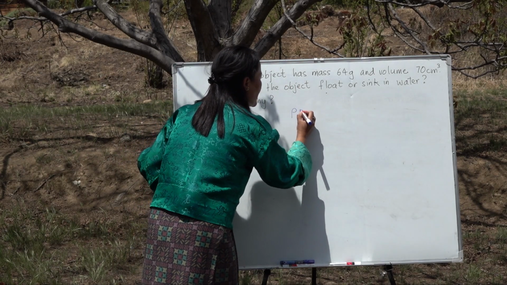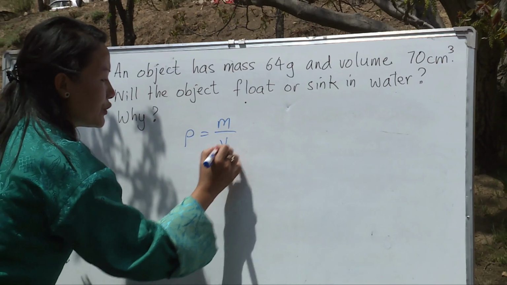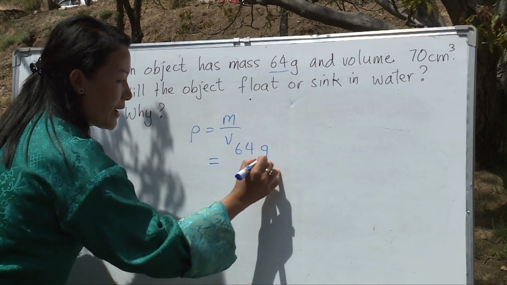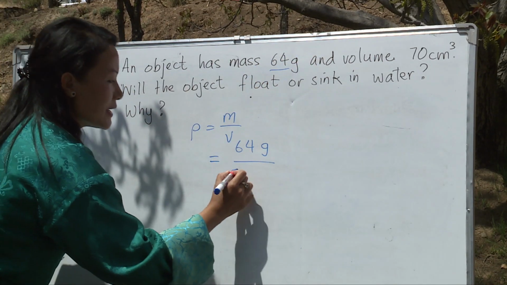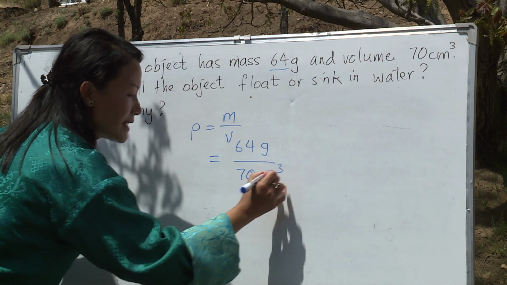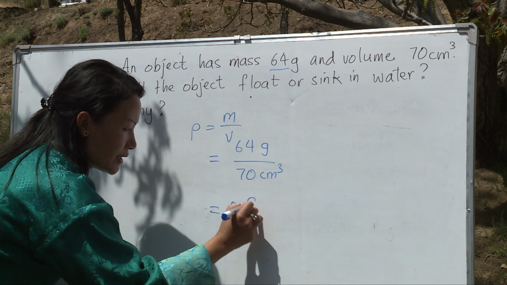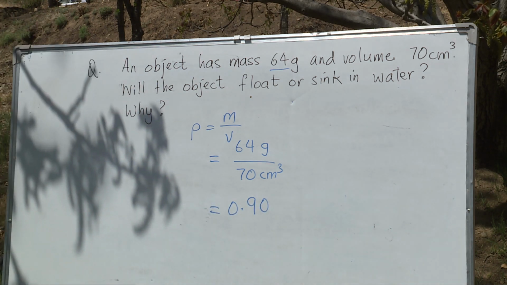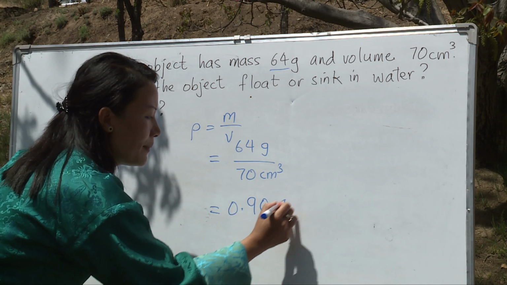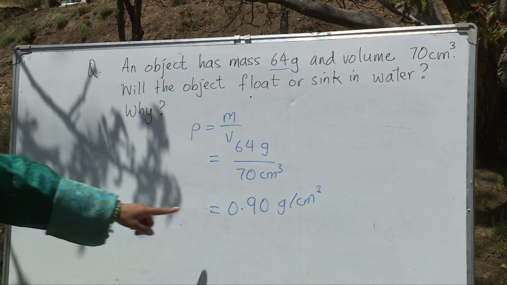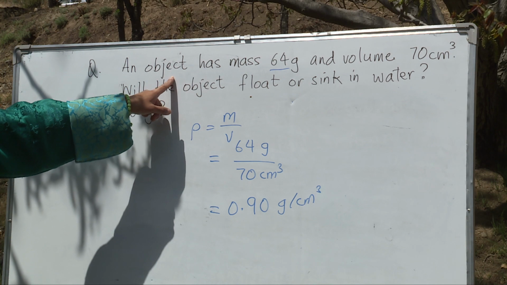The formula of density is mass per unit volume. Mass is 64 gram. Volume is 70 cubic centimeter. So 64 divided by 70 will give you 0.90 gram per cubic centimeter. This is the density of this unknown object.